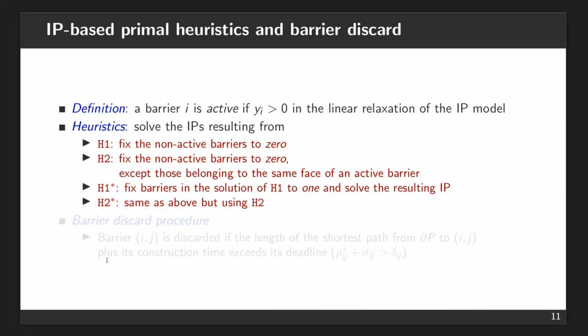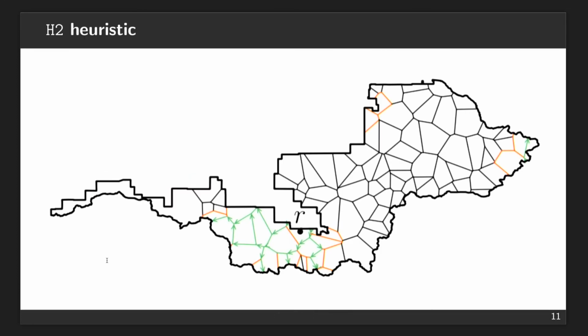And then we have heuristics, which are ILP-based heuristics. We observe that most of the variables have value 0, so there are just a few of them with positive value. And so we have two choices. Either we set all the 0 variables to 0 and solve the remaining LP just with the barriers corresponding to non-zero variables in the linear relaxation, or we found that it's really more effective if you consider, suppose that all the green barriers here are the ones which are active.